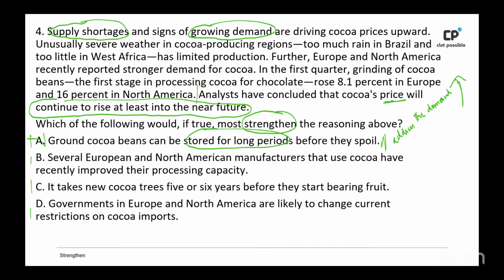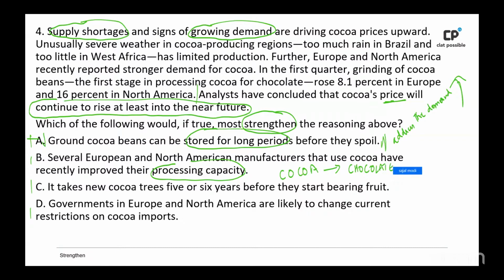B says, several European and North American manufacturers that use cocoa have recently improved their processing capacity. Processing capacity would mean they are using cocoa and processing it in a much faster way to make it into chocolate, right?